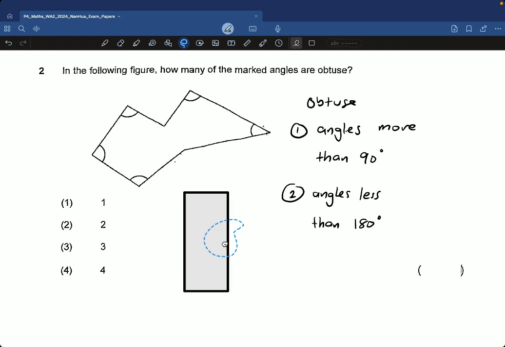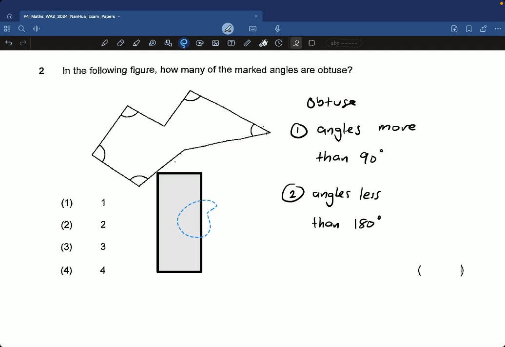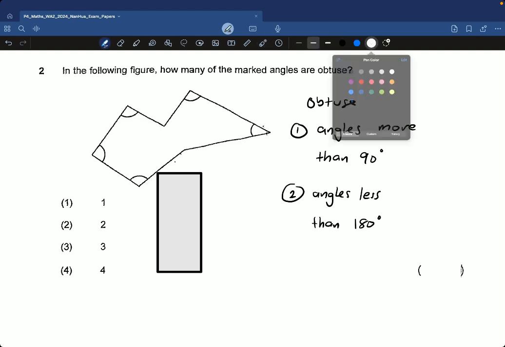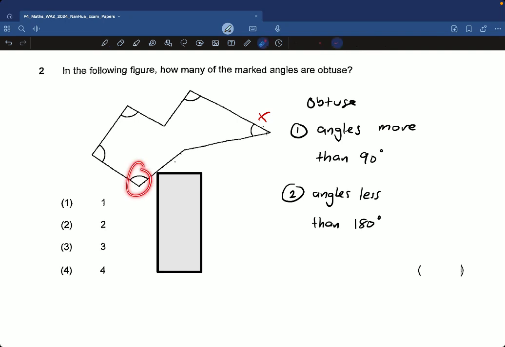The first angle I'm going to look at is this one. Obviously this doesn't look like an angle that is more than 90 degrees, so I can just put an X here. No.